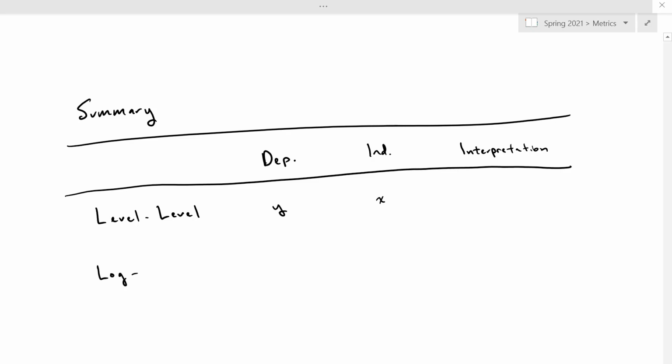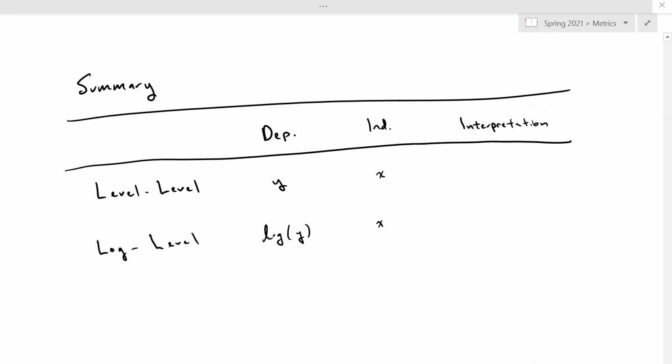Log level is log of y. These are all natural logs, and just the normal level of x. Log-log, which we just covered in this video, is the log of both. Log of y, log of x.